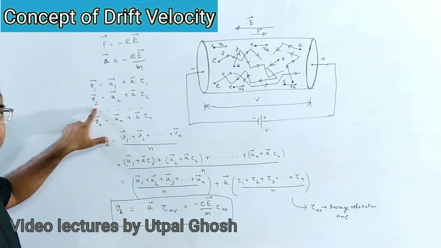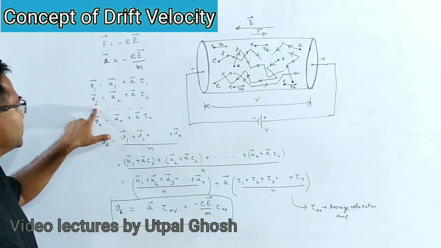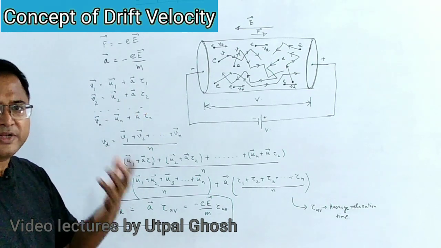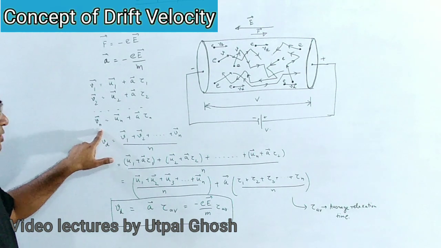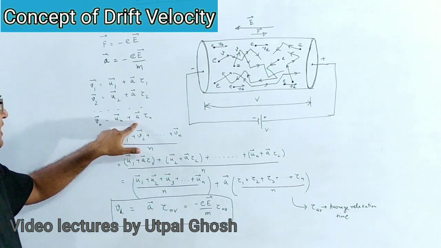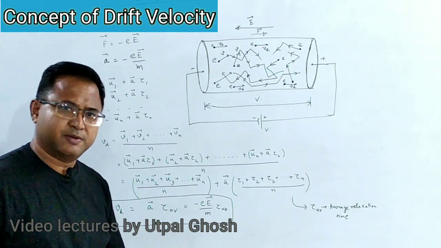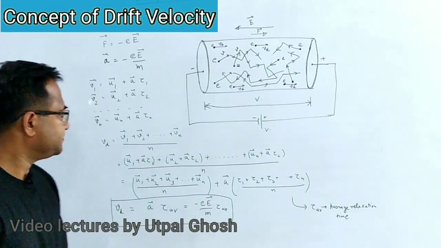So we take the time to be different for all the electrons. For the second electron, let the initial velocity be u2, so the final velocity v2 is equal to u2 plus a tau 2, where tau 2 is the relaxation time for the second electron. Similarly for the nth electron, vn is equal to un plus a tau n. So all relaxation times will be different because they are unpredictable, how much time they will move before collisions.